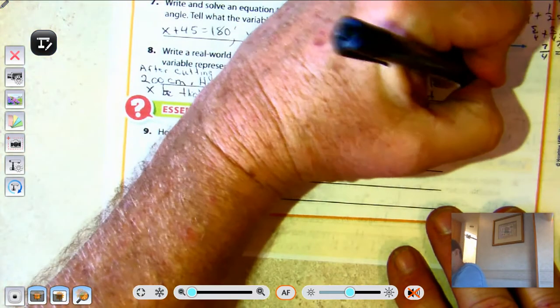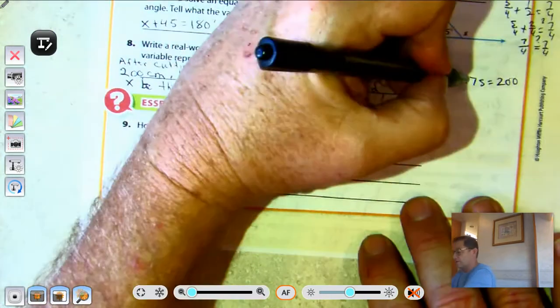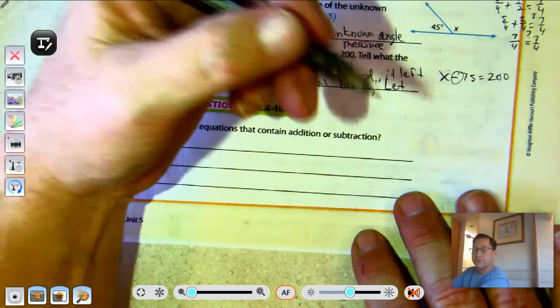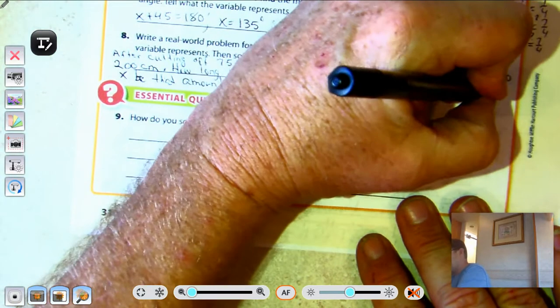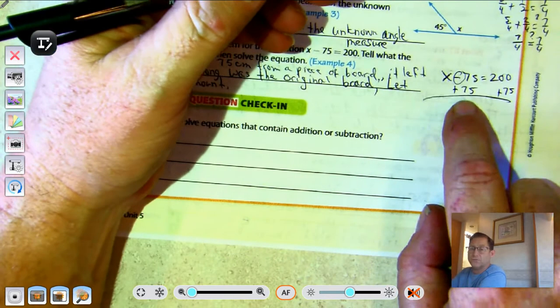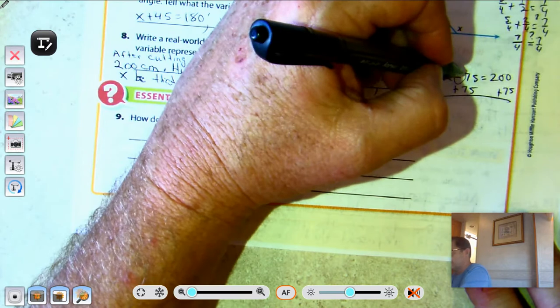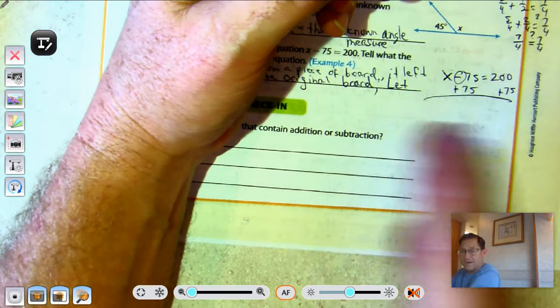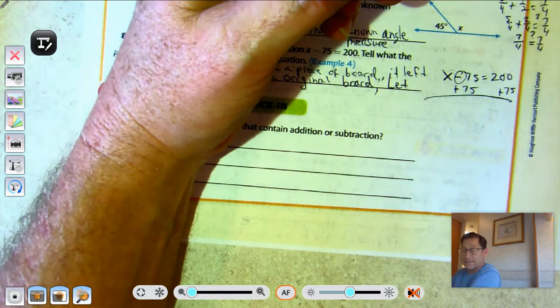Okay, so we have some amount minus 75 equals 200. So we know that we have subtraction, so we need to do the inverse. We're going to add 75. Okay, why are we adding 75? Because that's going to isolate the x. It's basically like moving the 75 from one side of the tile mat to the other side.